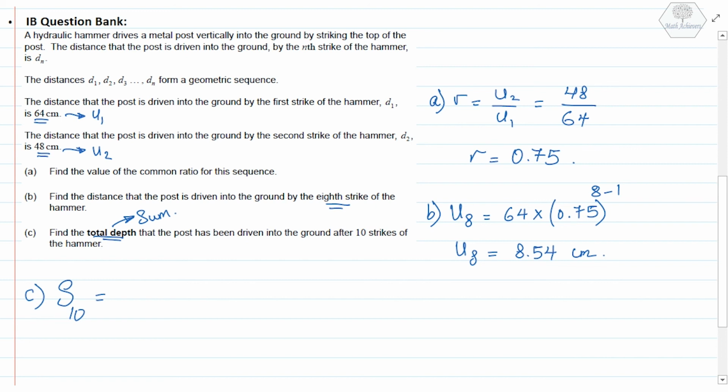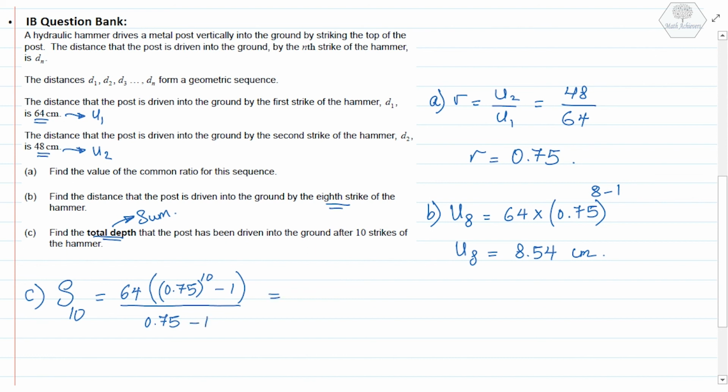This is equal to U1, which is 64, times R, which is 0.75, to the power of n, which is to the power of 10, minus 1, over R minus 1, which is 0.75 minus 1.